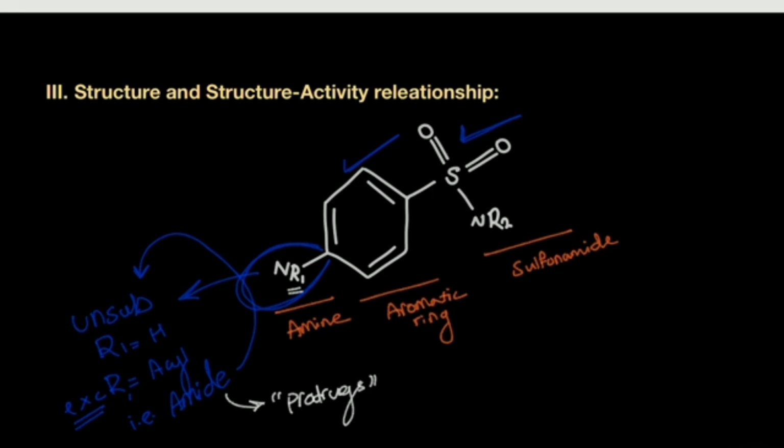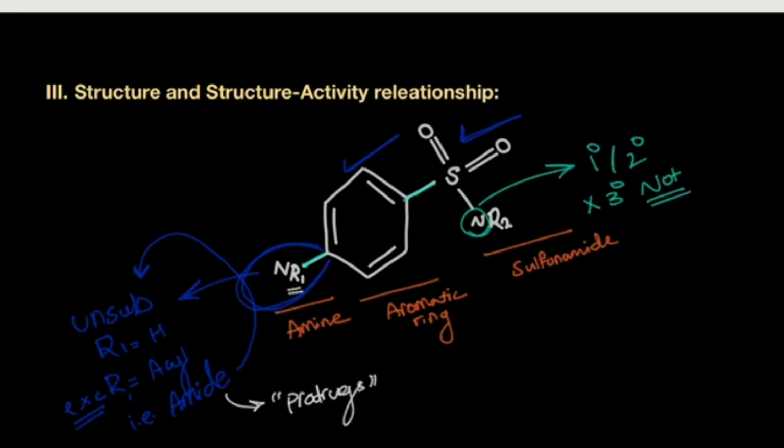On the sulfonamide, the nitrogen can be primary or secondary, but can't be tertiary. So not tertiary. And both the sulfonamide and the amino group must be directly attached to the benzene.